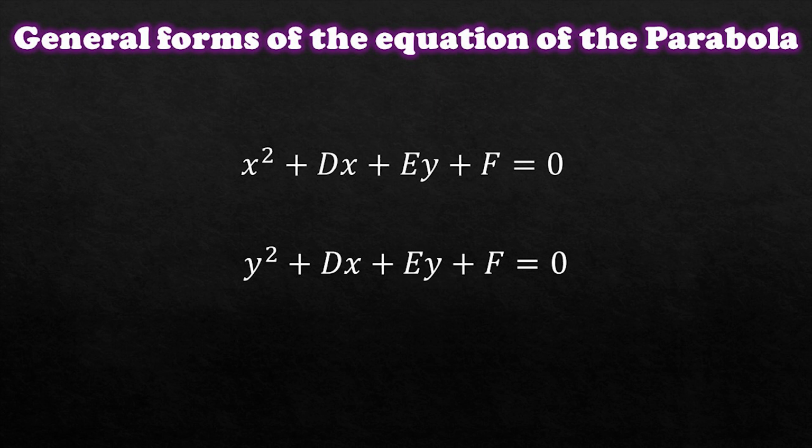Conversely, these two equations can be presented in standard form, provided that e is not equal to 0 in the first equation and d is not equal to 0 in the second equation.